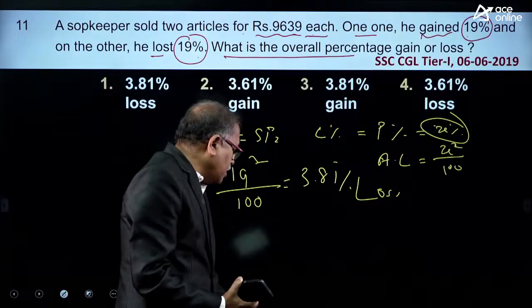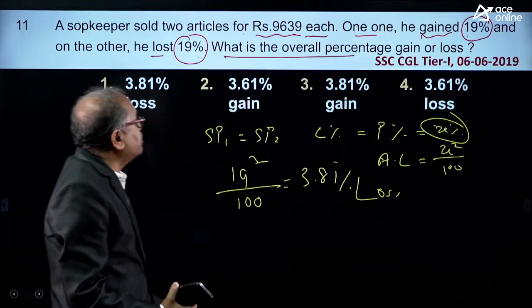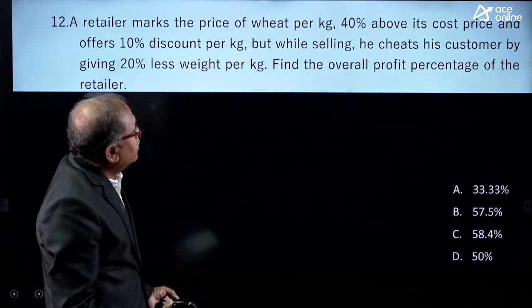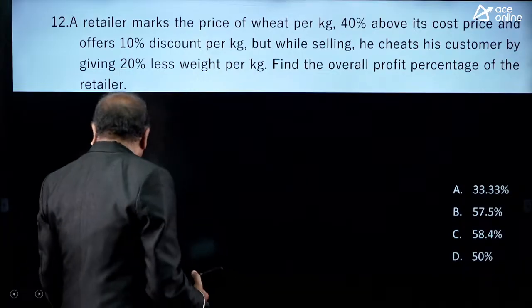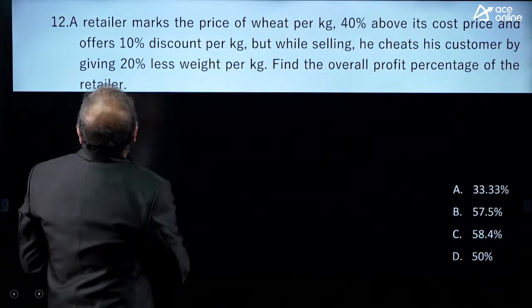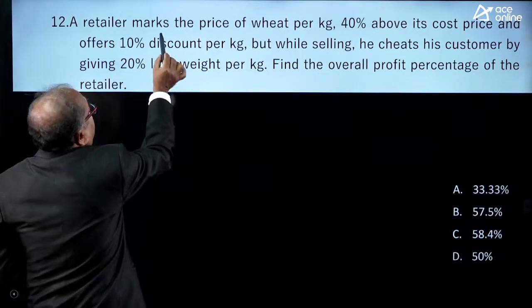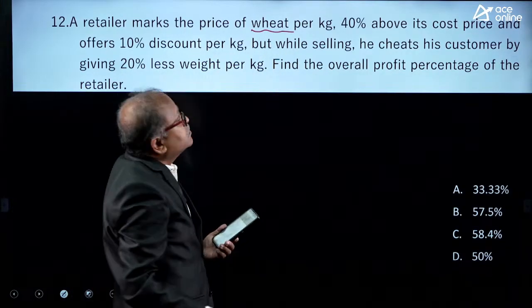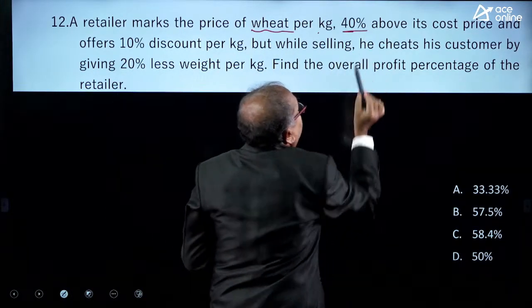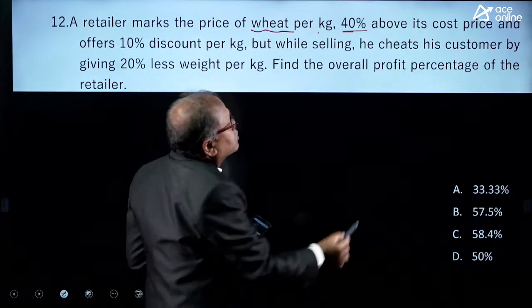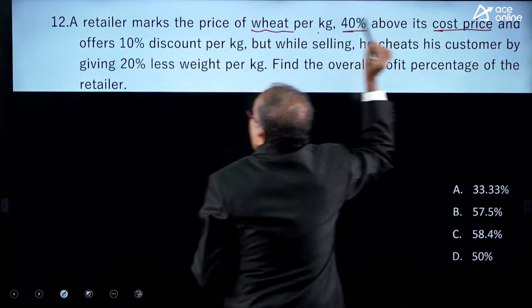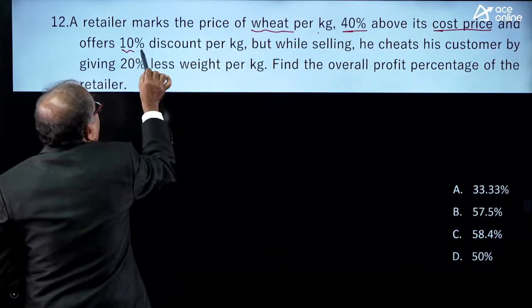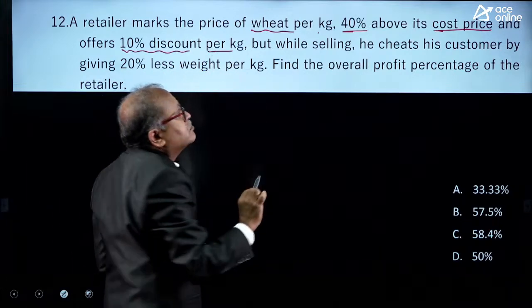So here I am moving on to the next question, my dear brother. Here is the question. A retailer marked the price of wheat per kg 40% above the cost price and offers a discount of 10% per kg.